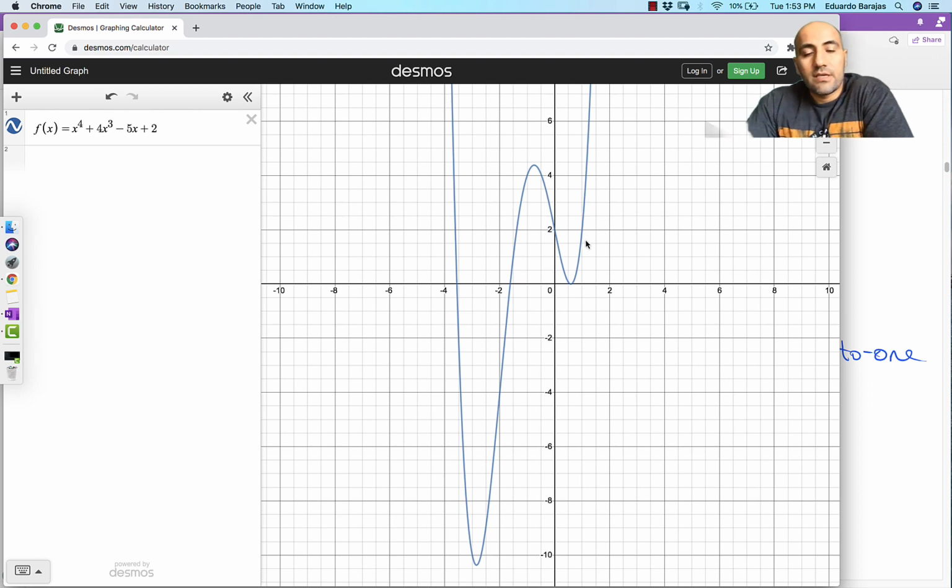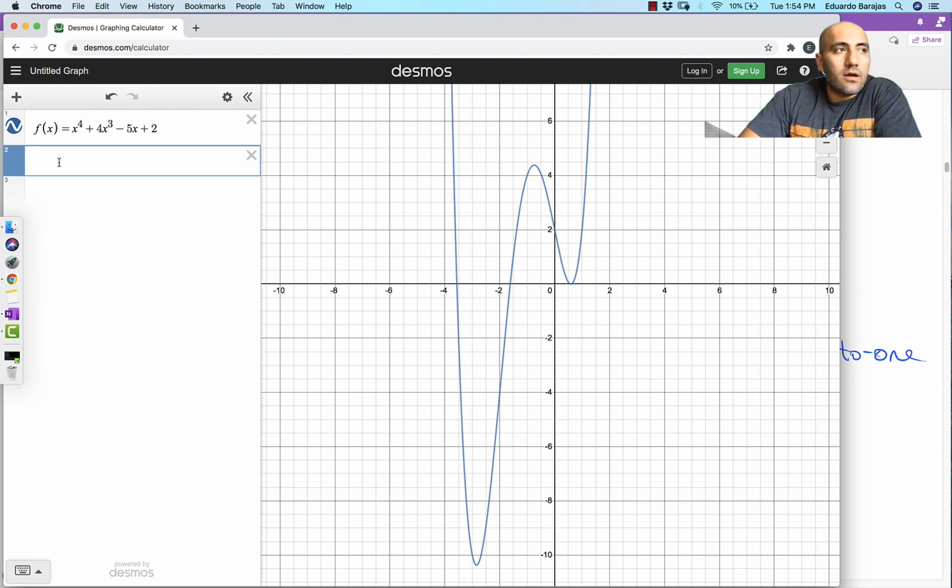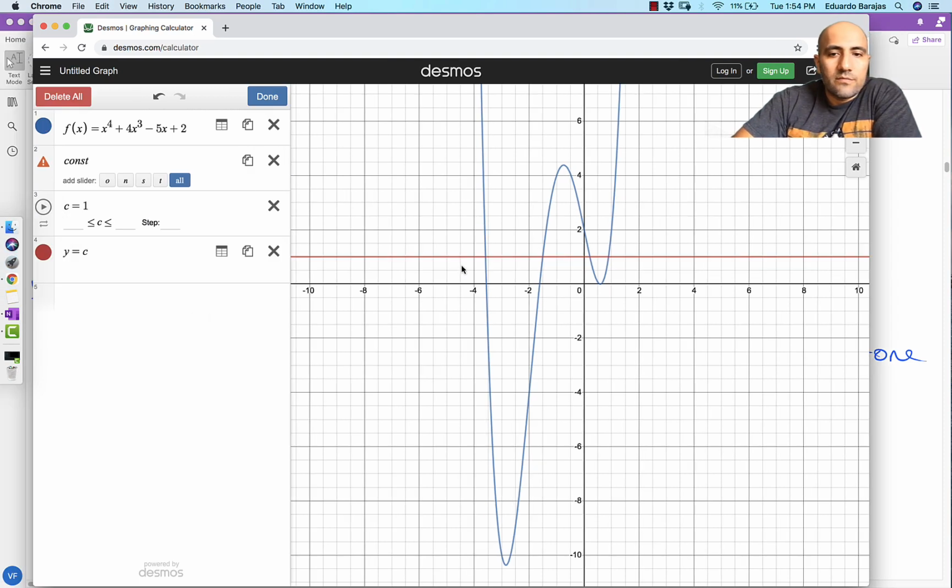and we might be asked, is this the graph of a function that's 1 to 1? Is this 1 to 1? So the horizontal line test says let's let y equal c. I made this horizontal line here, and then I can create that as a slider that can range from, say, -10 to +6, in steps of 0.2, maybe.